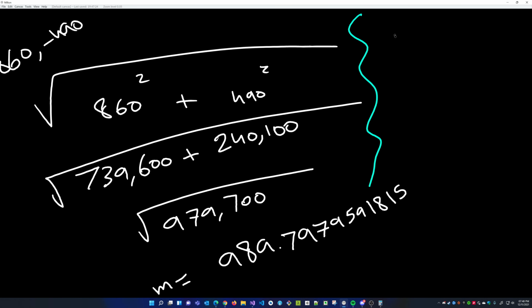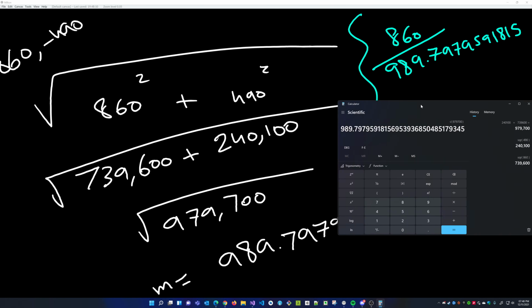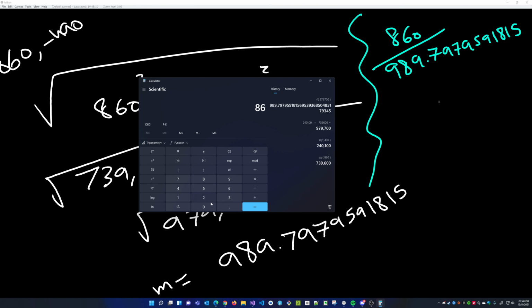So in this area, we basically say 860 divided by 989.7979591815. Oops, I hit the mic again. Apologize. Let's do that. 860 divided by 989.7979591815.